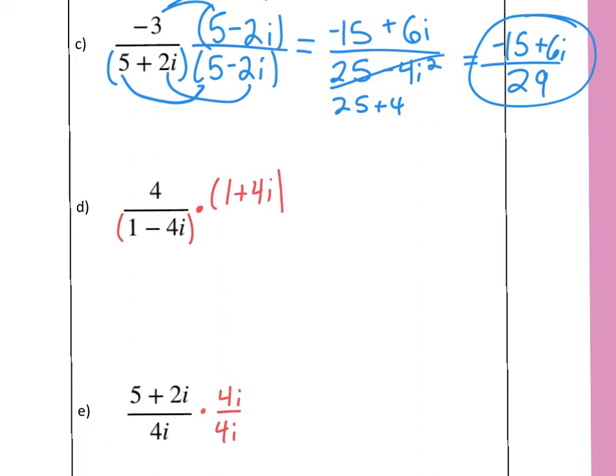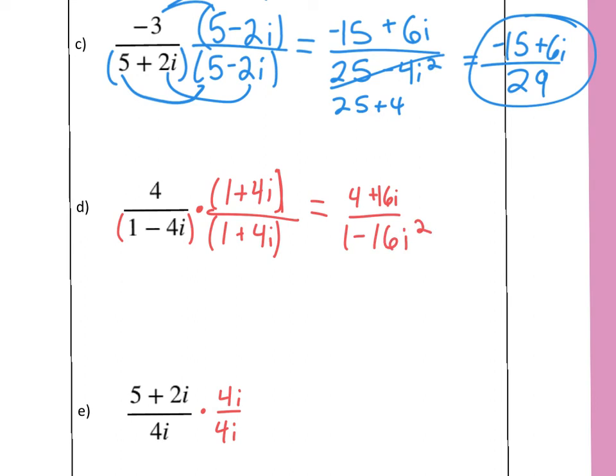Just change the sign, right? Okay. So we'll start with the top now. What does that become? 4 plus 16i. And on bottom? 1 minus 16i squared. Good.